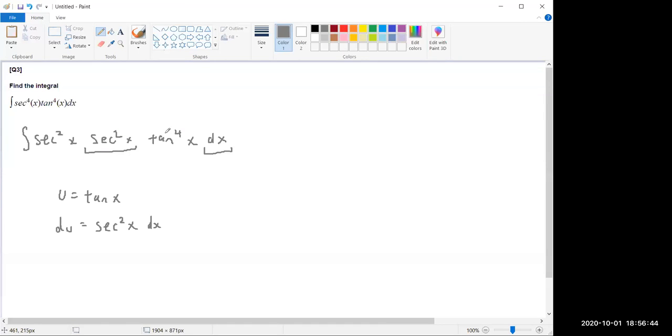So this tangent to the fourth is your u. So if we want to make this work, we'll have to turn this in terms of tangent, right? So how can we turn secant squared of x to be in terms of tangent? Because if we can do that, then we can use this u substitution.